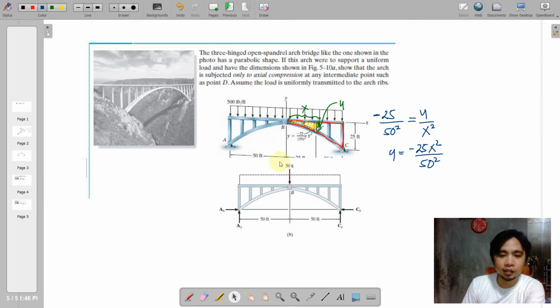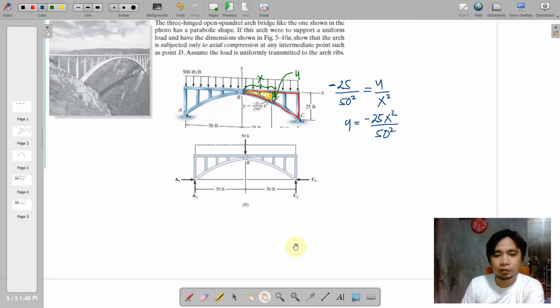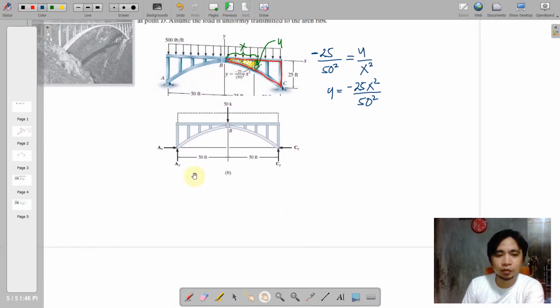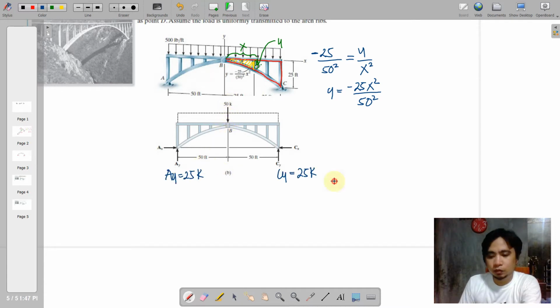So by that we can employ summation of moments at both supports to determine AY and CY. However, AY and CY will just share the 50,000 here. So therefore, both will have a 25,000 pounds reaction.